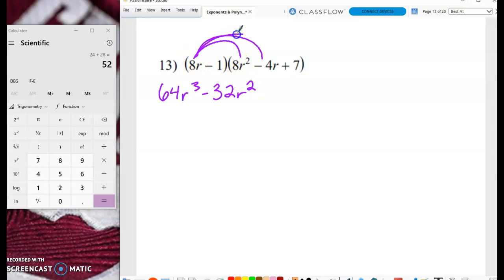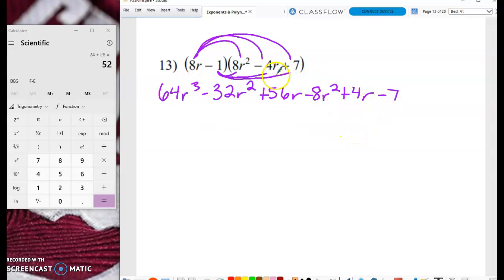And then I'm going to take 8r and distribute it into the 7, and I'm going to get plus 56r. I'm done with 8r, so I'm going to distribute negative 1, so negative 1 times 8r squared is negative 8r squared. Negative 1 times negative 4r is positive 4r, and negative 1 times 7 is negative 7.